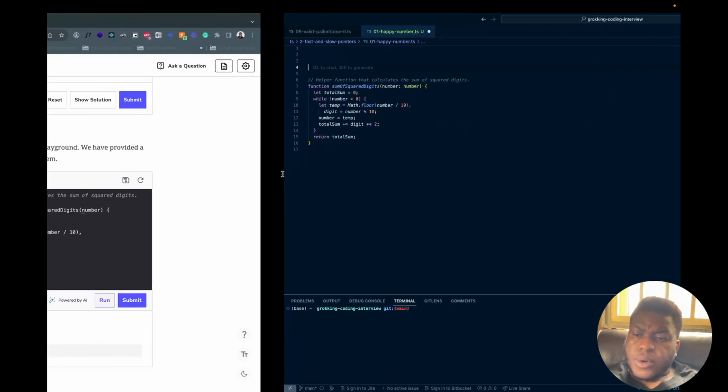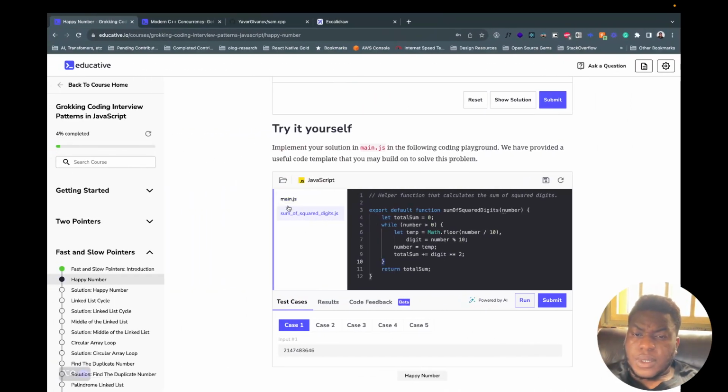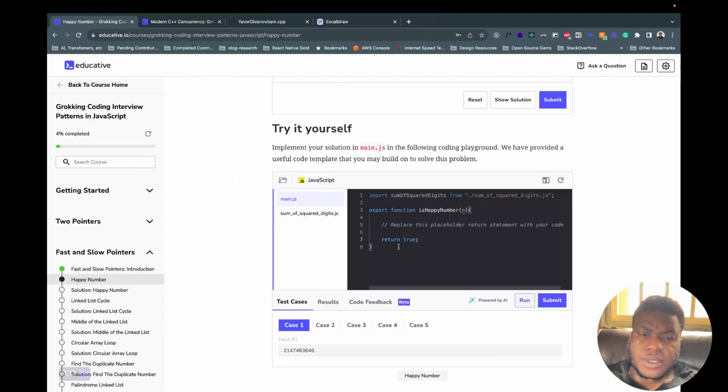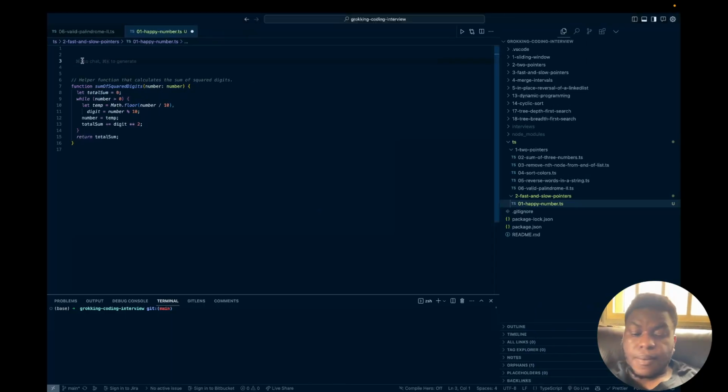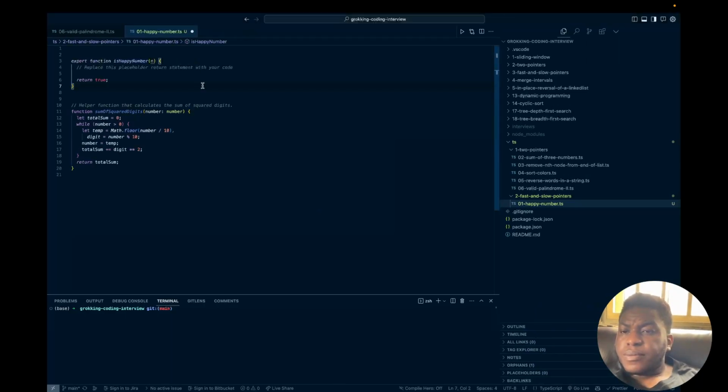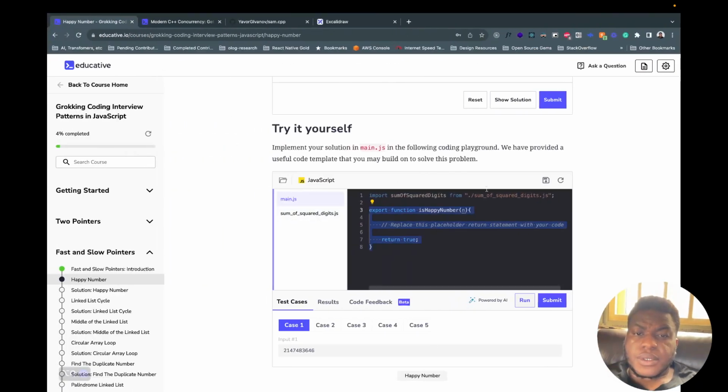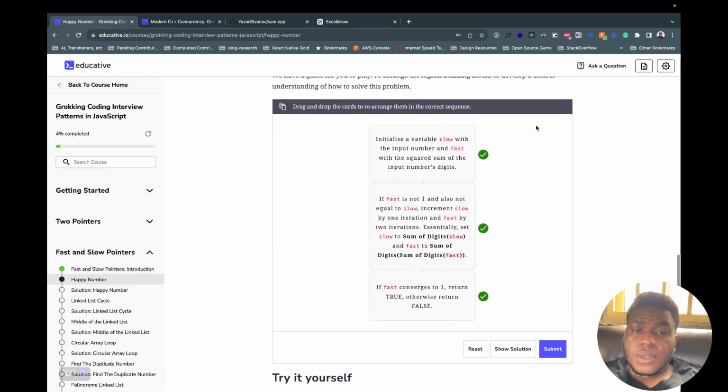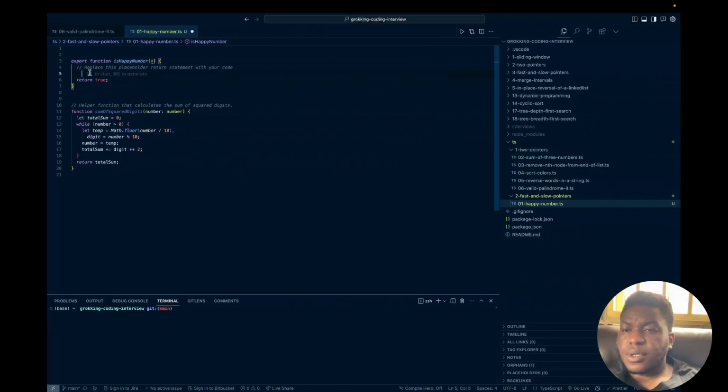Probably need to walk through the burger to fully understand that, but I don't need to fully understand that because abstractions, yay. Okay, yay for abstractions. Is happy number. Okay, so what did they say? What is my strategy? Initialize the variable slow with the input number and fast with the squared sum of the input number's digits.